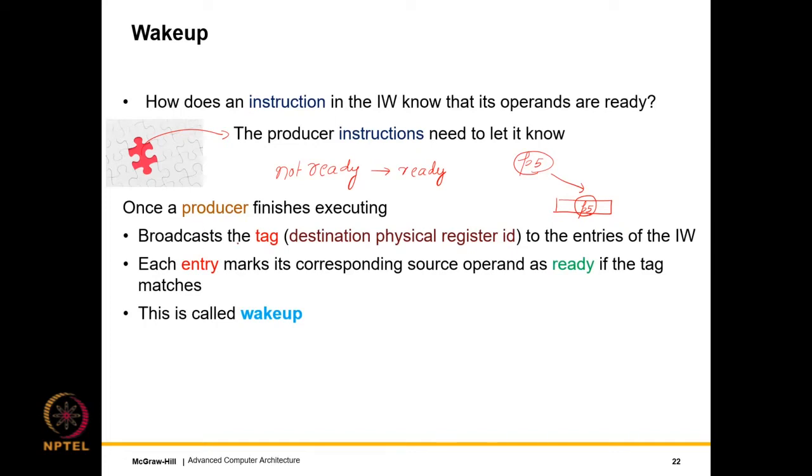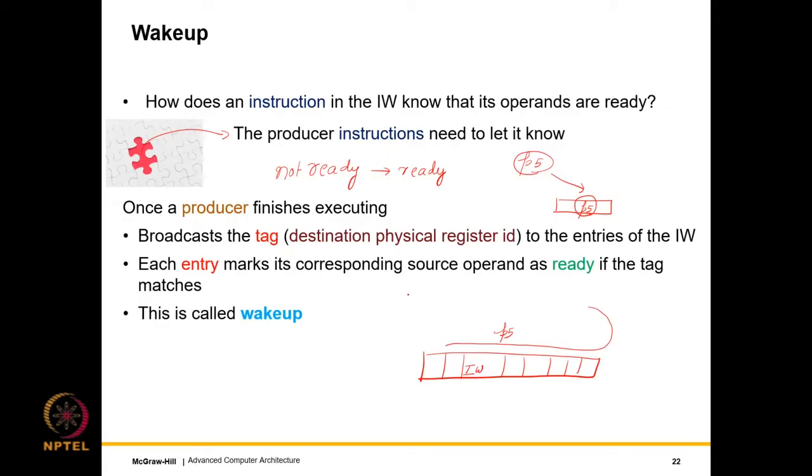The tag is nothing but the destination physical register ID, as we have seen, to the entries of the instruction window. So if this is the instruction window, all the entries are kind of listening, and once P5 is done, it is broadcast to all of them.